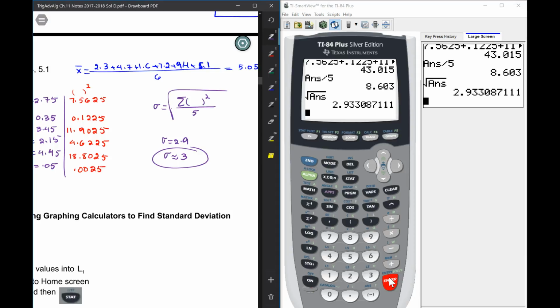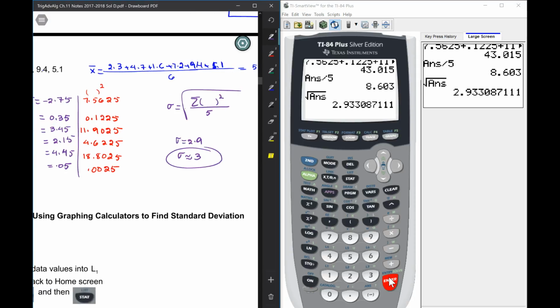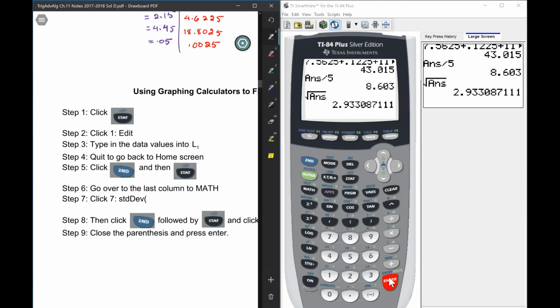Okay, calculator time. Okay, let's do graphing calculator stuff. You can do this exact same thing on a graphing calculator. All right, let's do it quickly.